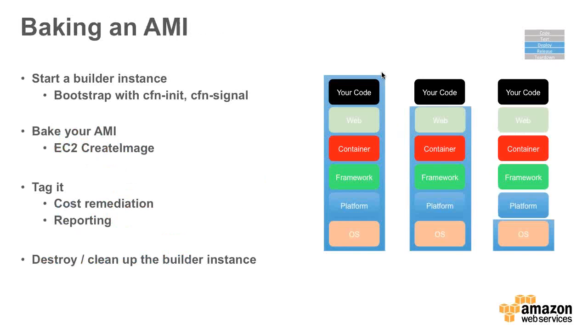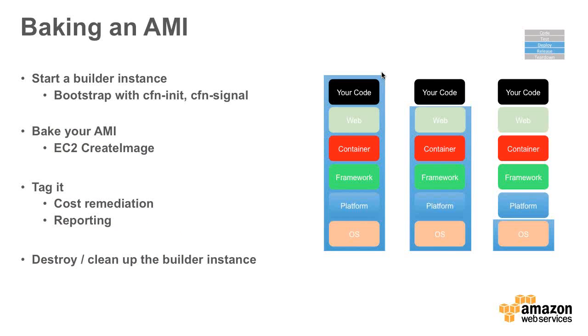So the other approach that we started talking about was building discrete environments. And one way of packaging up your application change for a discrete environment deployment is to use what we call AMI baking. What I've represented here is a process that we have built into Bamboo to bake an AMI, and what this will end up doing is taking our application change, bootstrapping it into an EC2 instance, and then imaging that as an Amazon machine image.